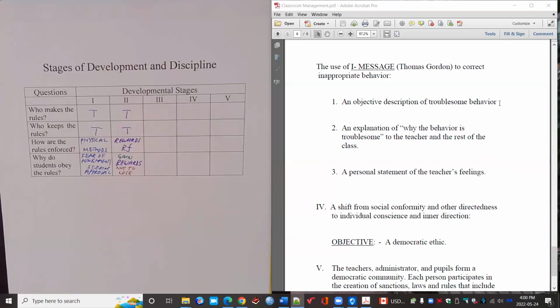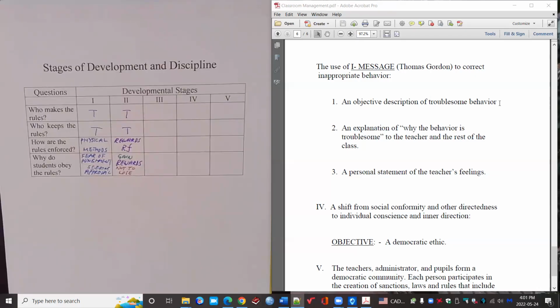For example, two people asking questions at the same time. This is an objective description. If you say, I find it annoying when two people are talking at the same time, this is not objective, is that right? You are being more emotional, okay?